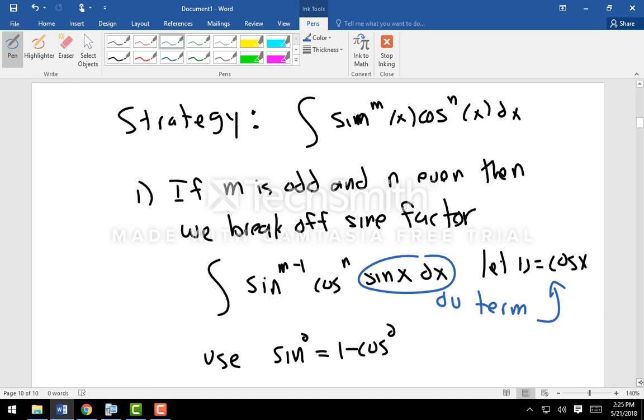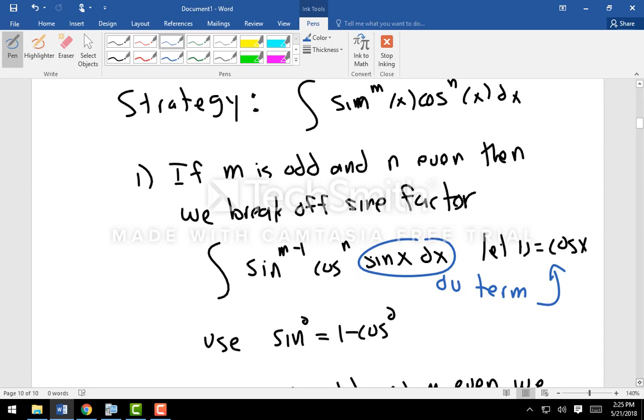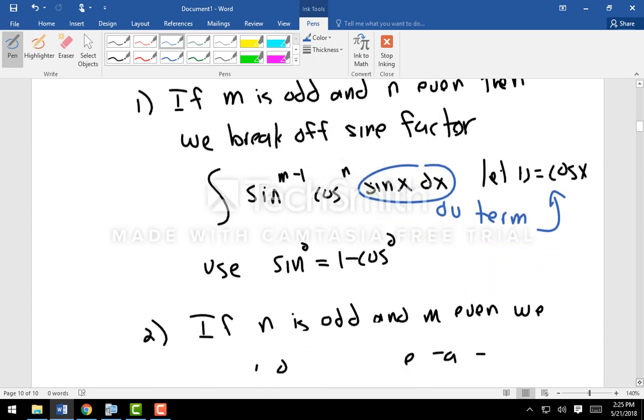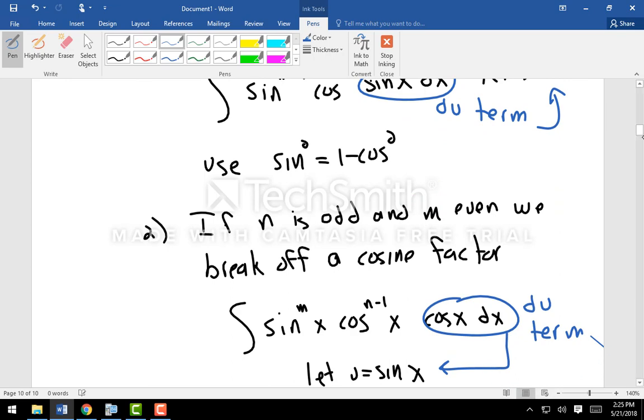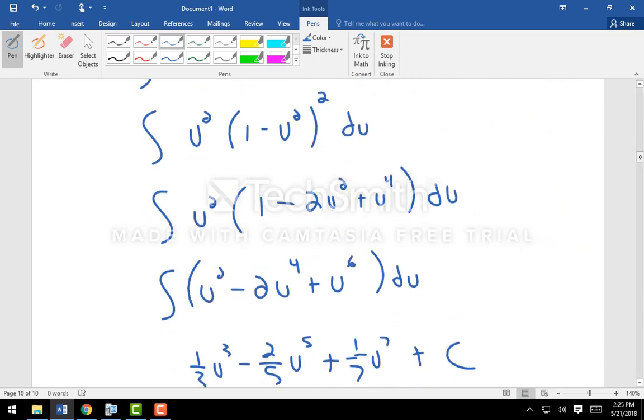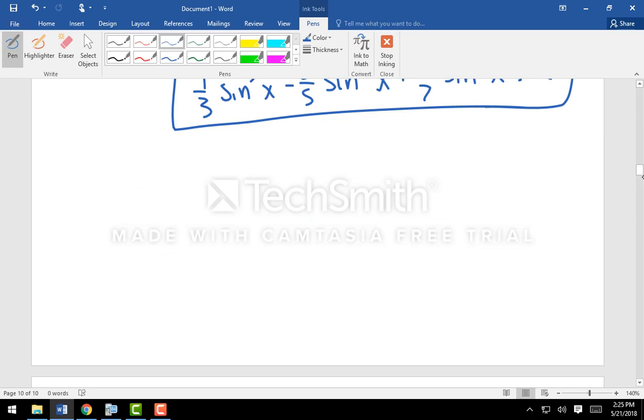If cosine has an odd exponent, then we break off a cosine term, and we're saving that for the du right here. But then the scenario we just looked at was, what if neither of them has an odd exponent?